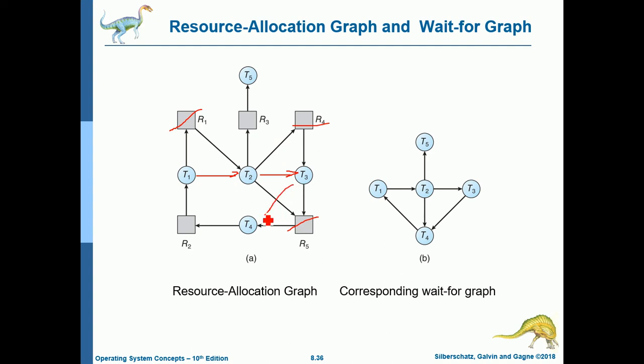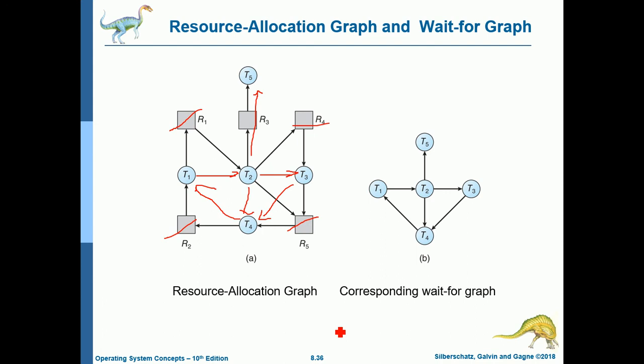So we have this one. And then T sub 4 needs a resource that is held by T sub 1. So, okay. Just remove the resources. So, this is the wait-for graph. Okay. Then also T sub 2 needs a resource that is held by T sub 4. So, that is the wait-for graph.